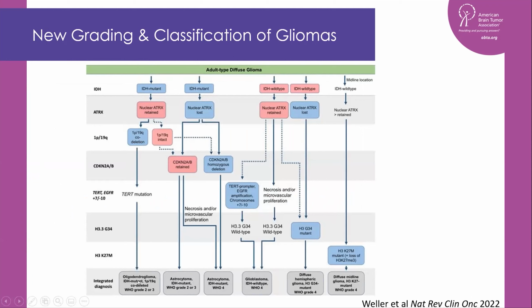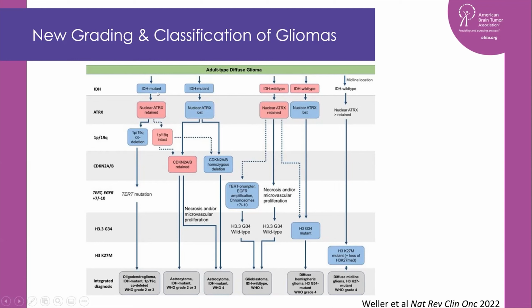So an IDH mutant 1p19q co-deleted tumor is called an oligodendroglioma nowadays. Similarly, if the 1p19q is not lost, the chromosomal loss is not there, then it will be called an astrocytoma. And again, the IDH mutant, there are some other features, you can call those astrocytomas. So now we know there's a divide here, whereas the IDH mutant tumors and IDH wild type tumors.